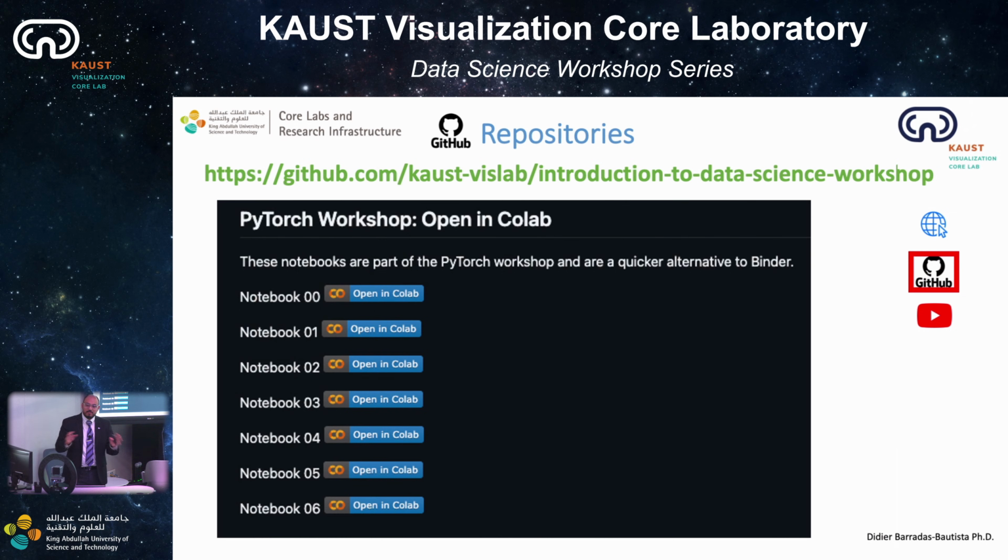PyTorch is already installed in Google Colab alongside NumPy. So why don't you try this one, for example? Just click one of the links, search for it. It's on the same web page, all the way down. It says PyTorch workshop on Open Colab. Okay? And it will deploy something.